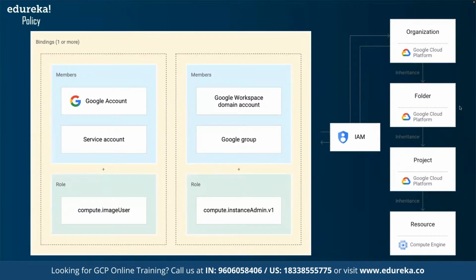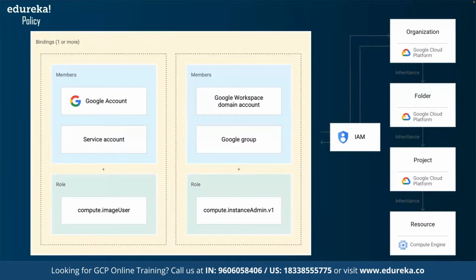Okay, so this describes the resource hierarchy. When we talk about the resource hierarchy, Google Cloud resources are organized in a hierarchical manner. On top, we have the organization, which is the root node in the hierarchy. Under the organization, we have folders. Folders are the children of the organization.